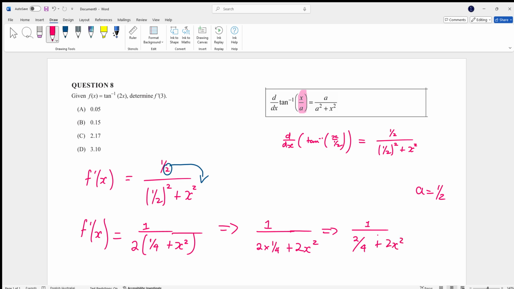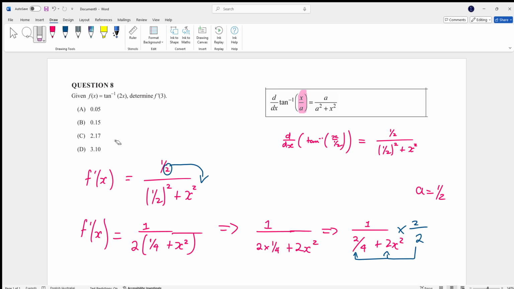Now if we really wanted to make this even better, we could try and turn this into a whole number. And the only way you would do that is by timesing the top and bottom by 2. So if I times the top and bottom by 2, technically I'm not changing anything, I'm just changing how it looks. The reason why this would be good is because you multiply to there, but all of a sudden that turns that into 1, which is no longer a fraction there.